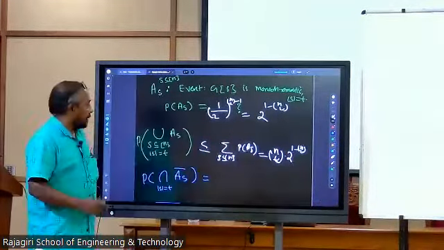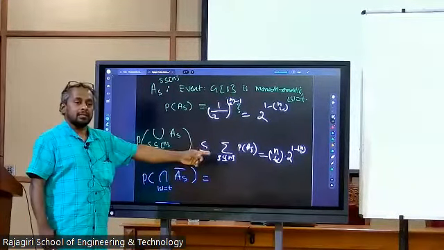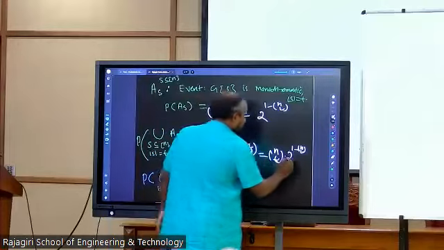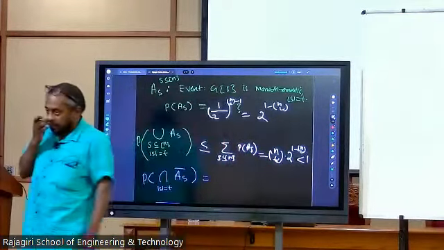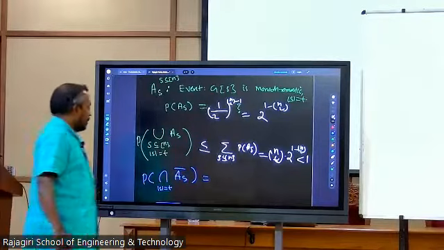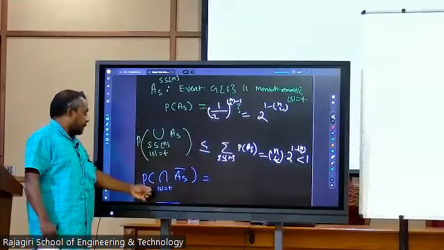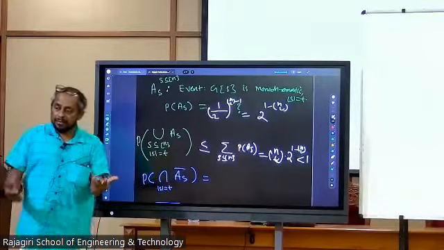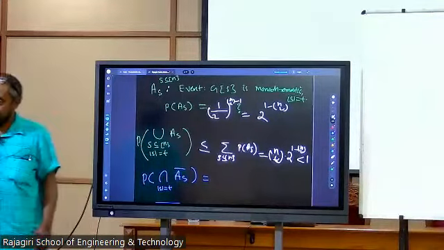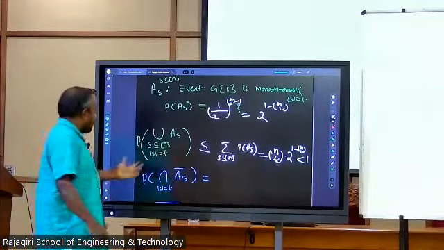Now, by assumption, by the given fact, this is strictly less than 1. Now let us look at the probability that none of these is monochromatic.